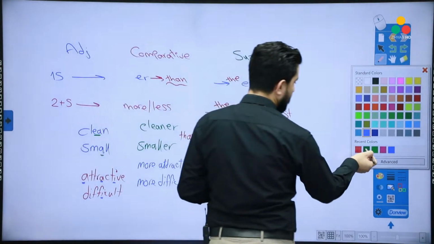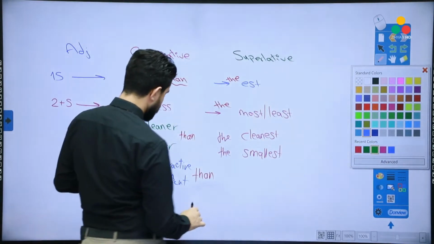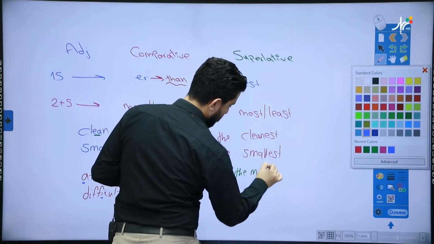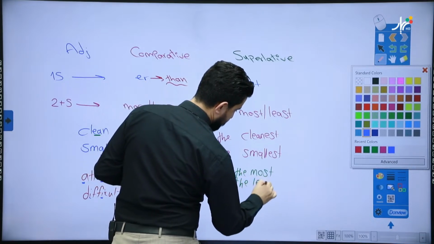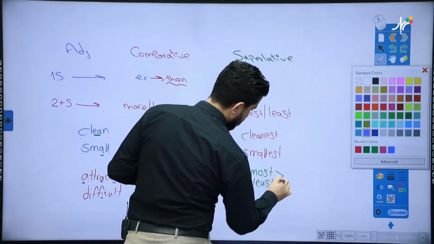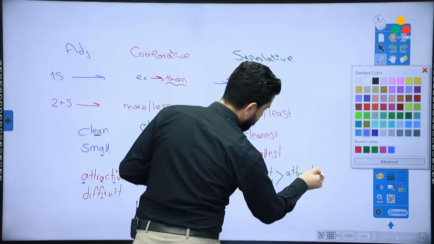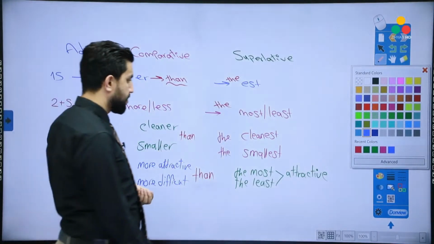And for here, we say most or least. The most or the least attractive. Okay, we can say the most or the least attractive. So this the is mandatory. You have to put the.